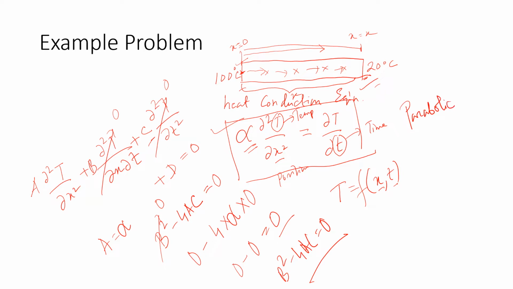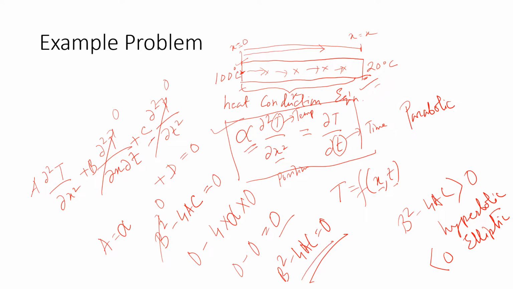As we know, if b square minus 4ac is greater than 0, then it is hyperbolic, and if it is less than 0, then it is elliptic. But here b square minus 4ac is equal to 0, as b is 0 and c is 0. Although a is alpha, as c is 0 it becomes 0.